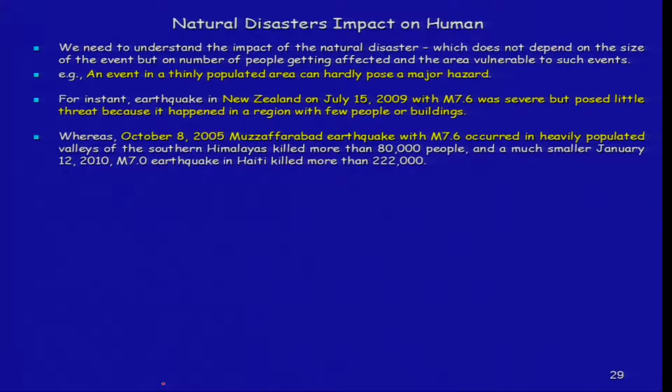But in the other case, the 2005 Muzaffarabad earthquake with a similar magnitude of 7.6 occurred in a heavily populated region in the Himalayas and killed around 80,000 people, and a much smaller earthquake with magnitude 7 in 2010 in Haiti killed more than 2.2 lakh people.